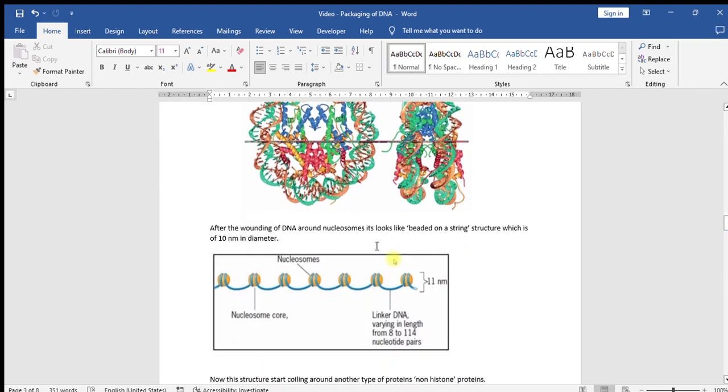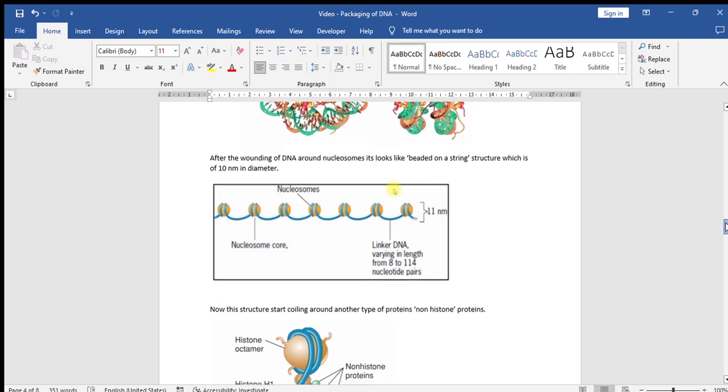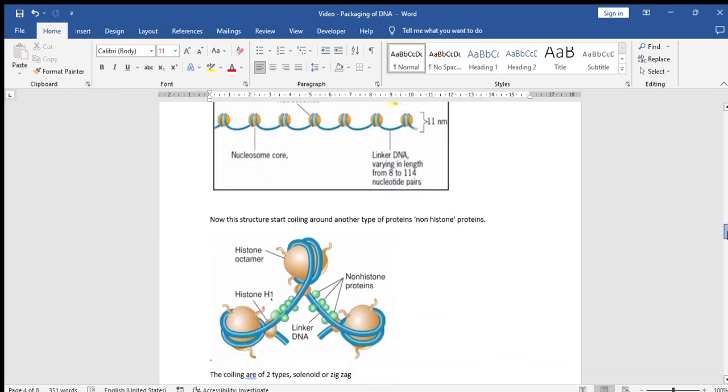After the wounding of DNA around nucleosomes, it looks like a bead on a string structure which is 10 nanometers in diameter, like this. Now the structure starts coiling around another type of protein called non-histone proteins.